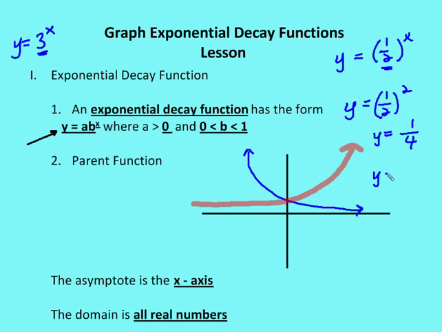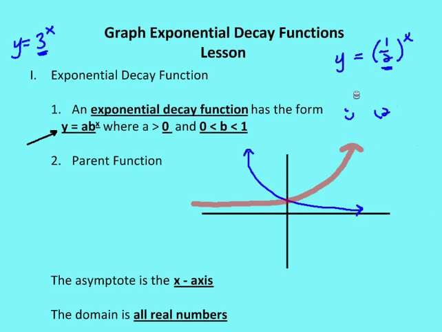If I say y is equal to 1/2 where x is equal to 3, then y now is equal to 1/8. So you can see as x gets bigger, the value of y is getting smaller and smaller. So as we go along the curve, as x gets greater and greater, the value of y gets smaller and smaller. Now what happens, so let's erase this, what happens when x gets smaller and smaller?